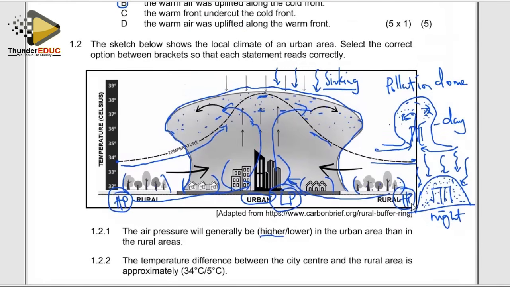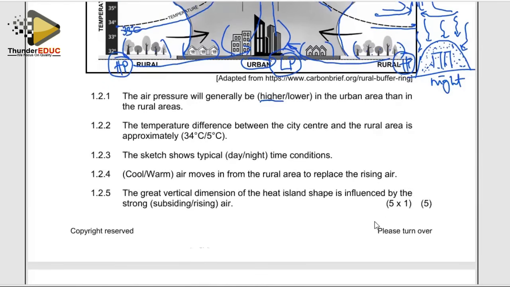This is slightly below 34, which means let's estimate it at 33 degrees Celsius in the rural area. In the urban area, you can estimate it around 38 degrees Celsius. What's the difference? 38 and 33, our difference is plus or minus 5 degrees Celsius.